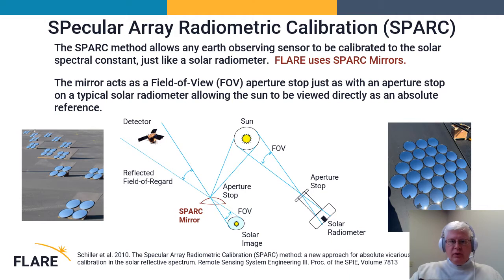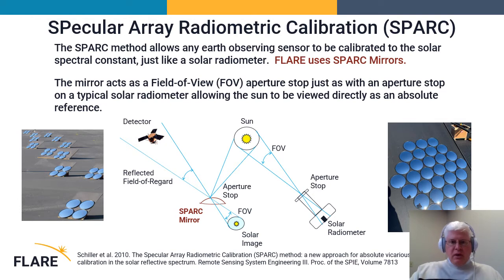Coupled with a solar radiometer, which provides measurement of the sun's radiance and the atmospheric extinction, it provides a radiometric and spatial data package to the orbiting or airborne platform that can be used to provide a complete calibration event for that satellite.